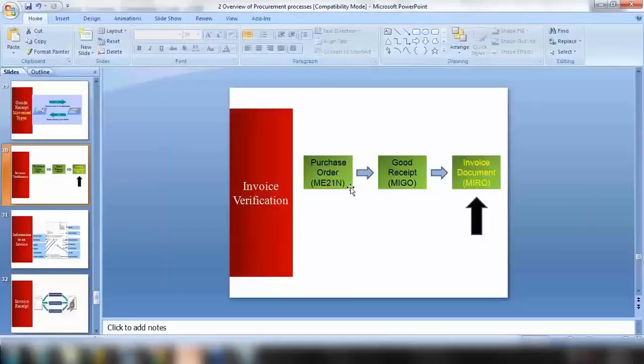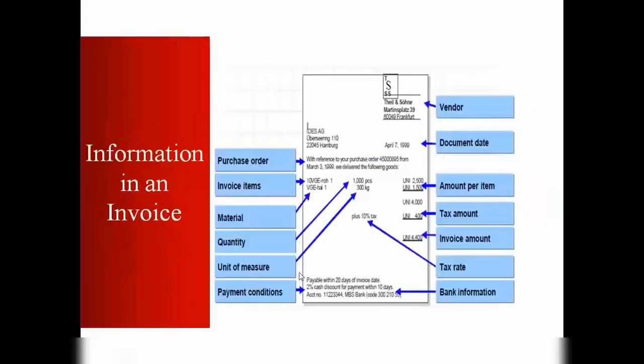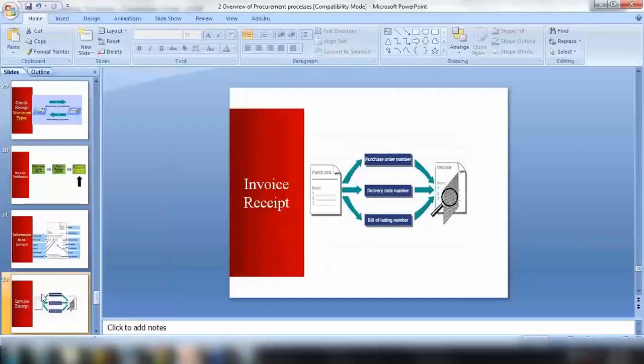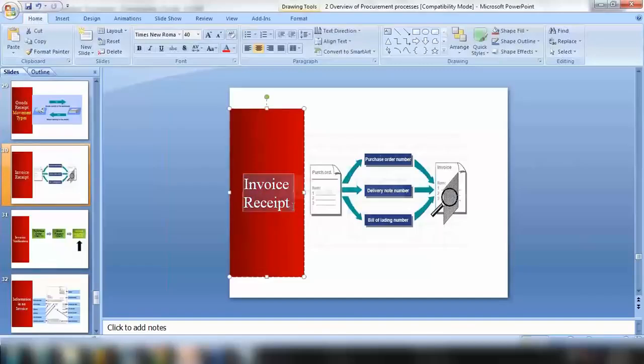Okay, so let's see some more slides here. So that's the structure of the invoice. And sorry, this one is at the wrong place. That should be here. I already talked about this one where you can enter the delivery note and all that in the goods receipt.